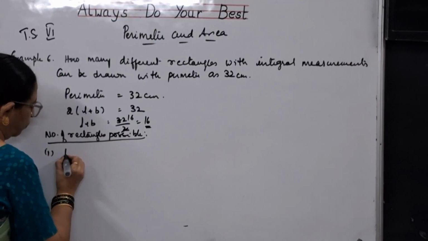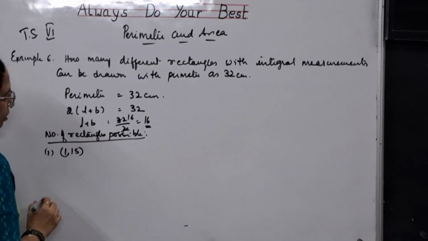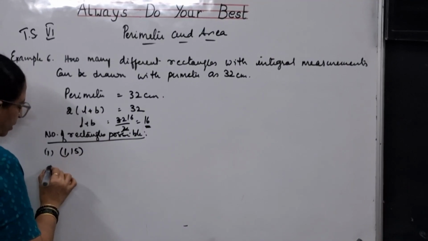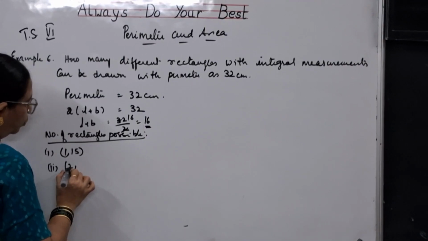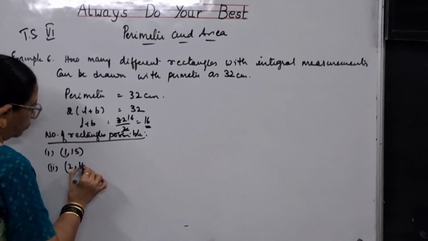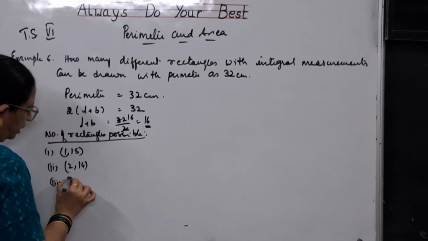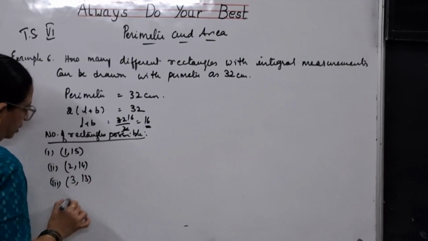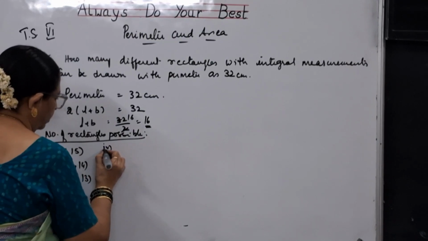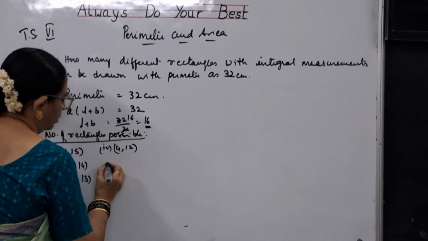The first one. 16 means if I take 1 comma 15 measures I can take. And second one, suppose I take 2 comma 14. The third one, if I take 3, 3 comma 13. Now, fourth one, if I take 4, 4 comma 12.